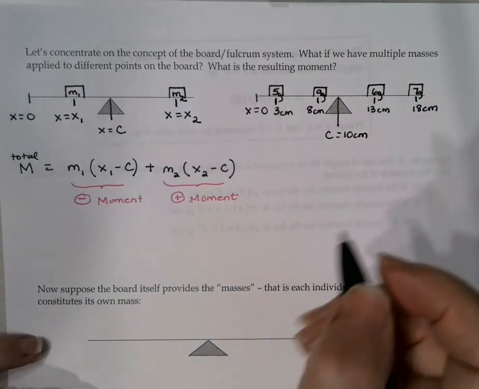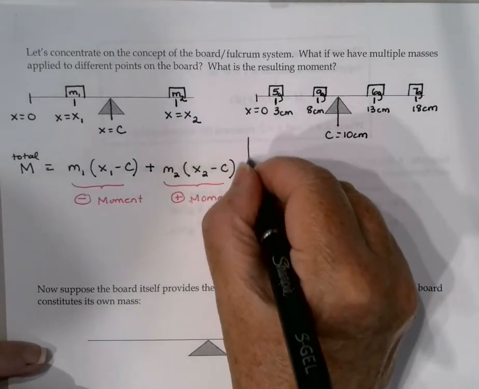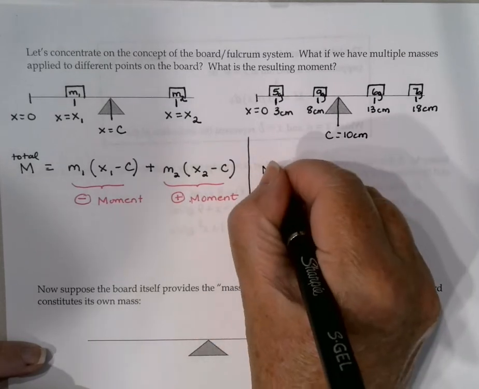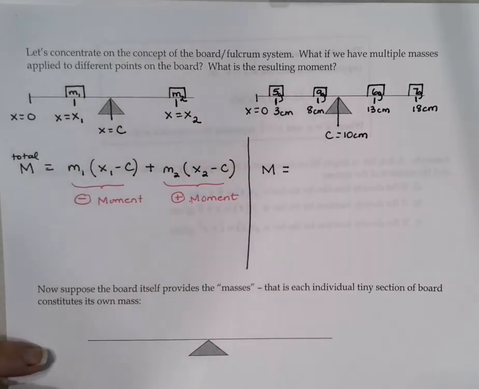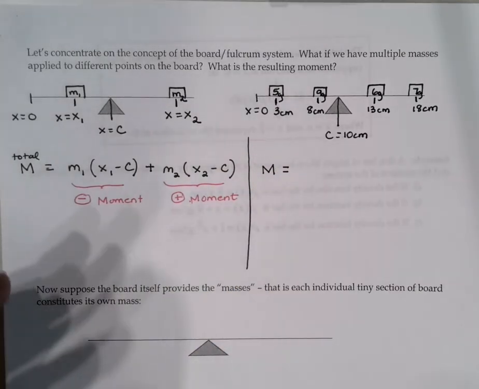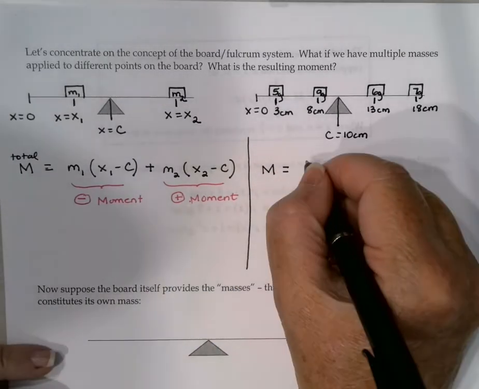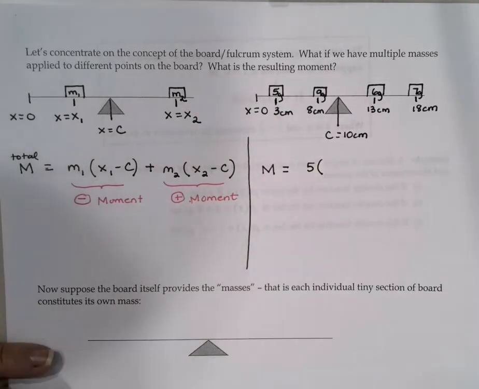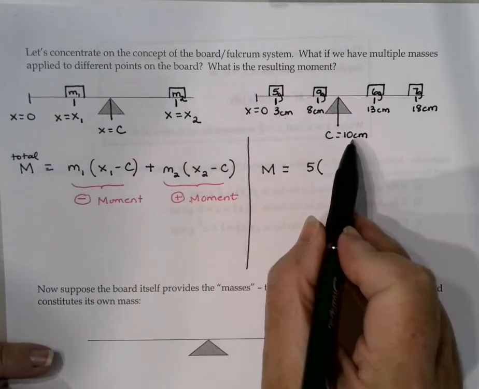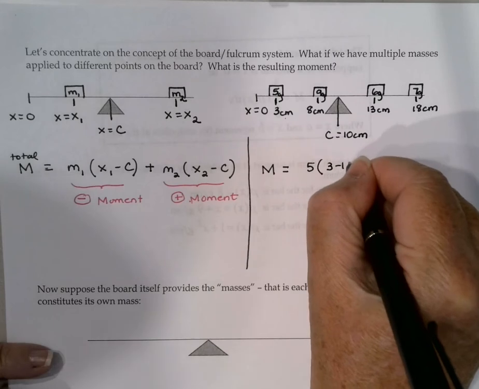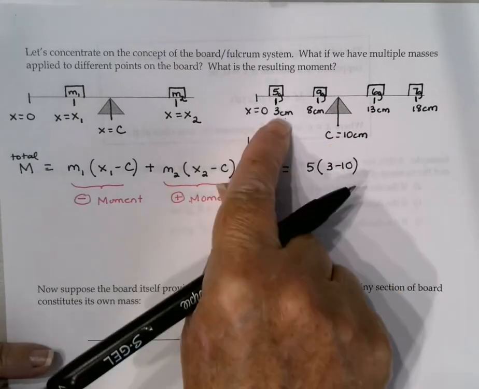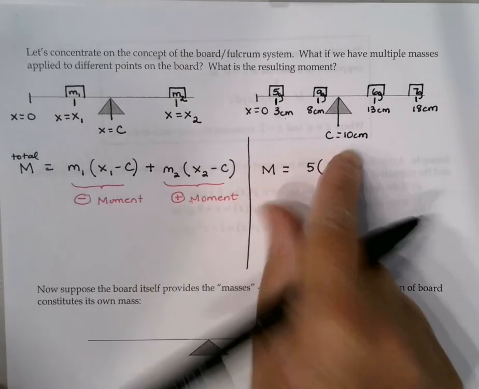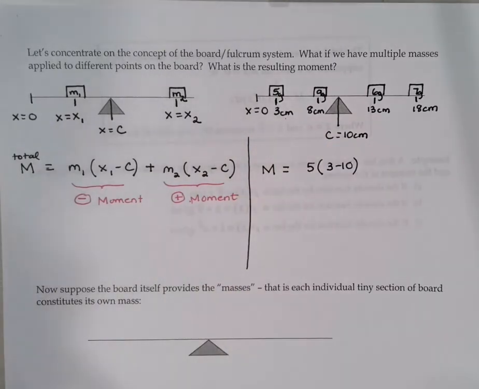All right, so for my overall moment, for each one of these, I'm just going to multiply mass times distance from the fulcrum. So for my first one, I'd have a mass of 5 times 3 minus 10. Notice that that is going to turn out to be a negative directed distance. So that one's causing it to tilt to the left.